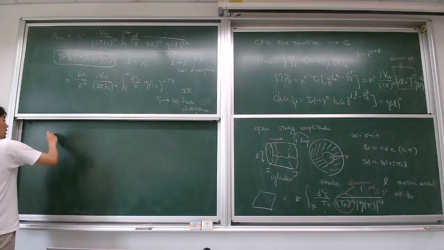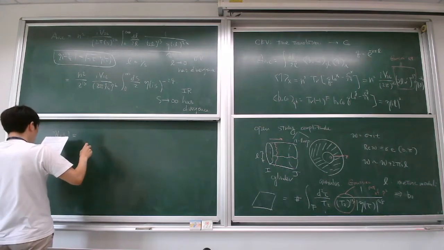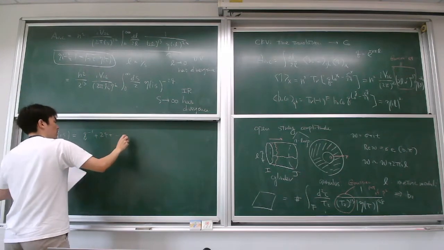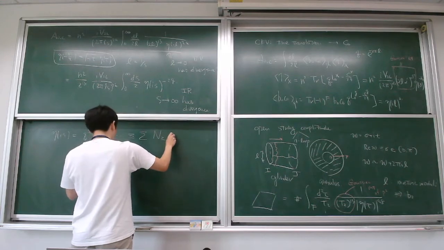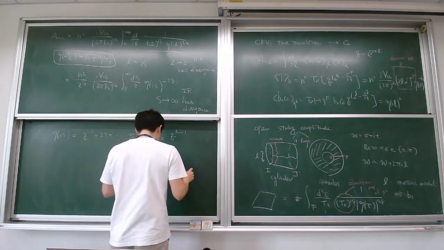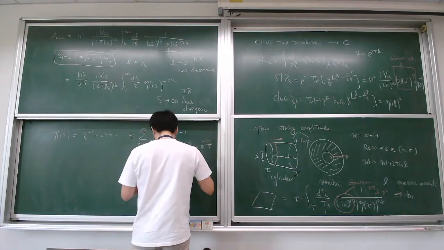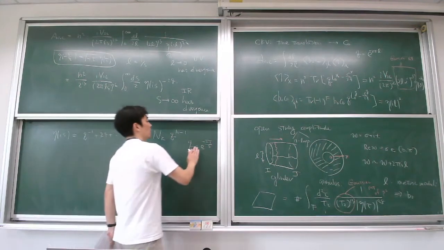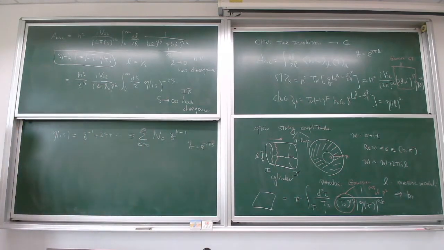If you do the expansion for the Dedekind eta function, you can just write it down as follows: q inverse plus 24 plus dot dot dot, and we just define this as the number of states, a_k, q to the k minus 1, where k is equal to 0 to infinity, where q is equal to e to the minus 2 pi s.